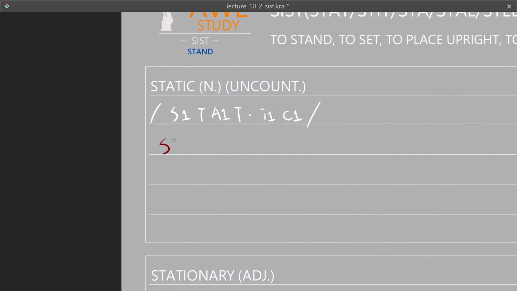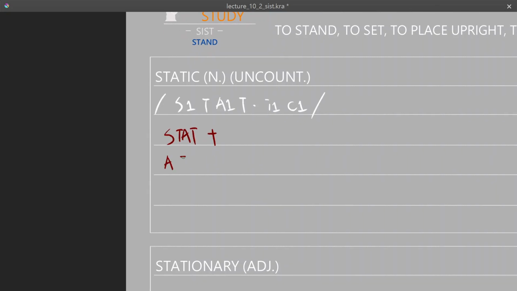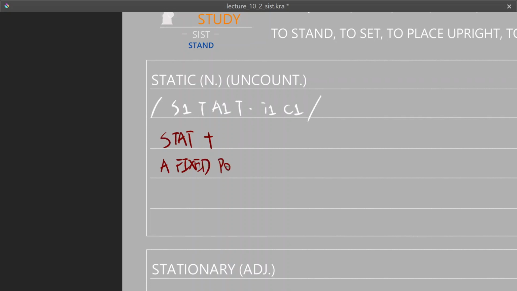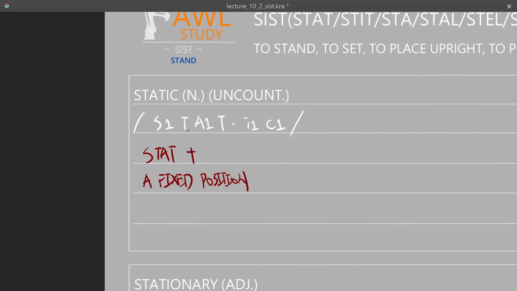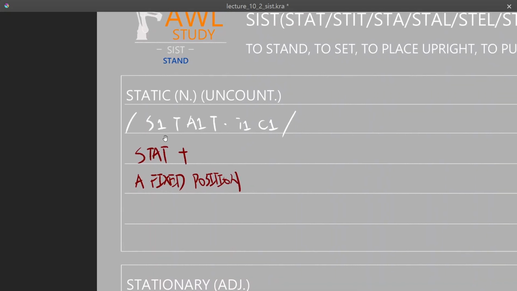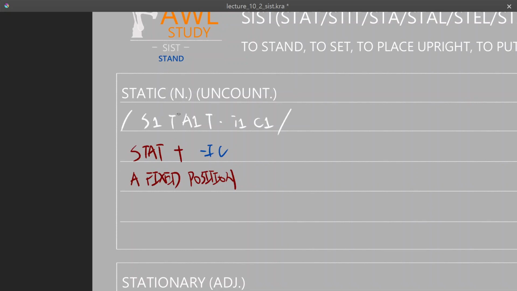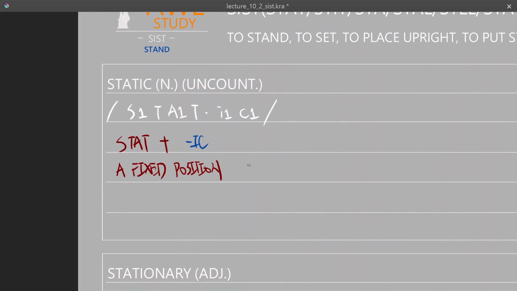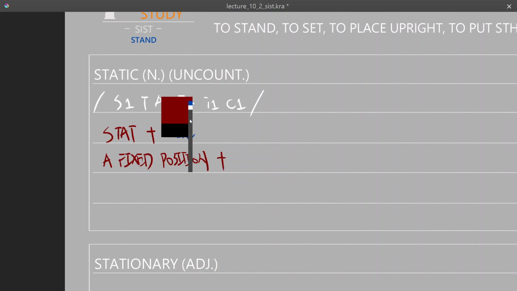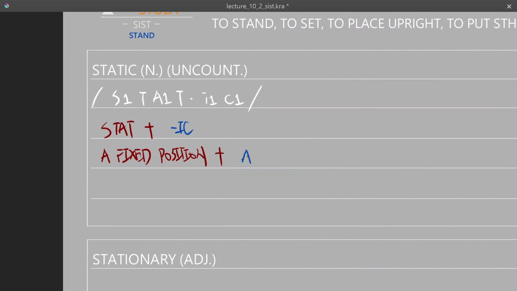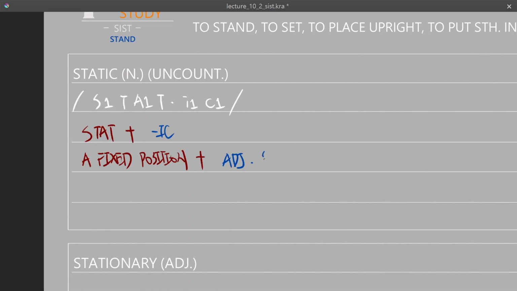Again, stat means a fixed position, and ic is an adjective suffix meaning relating to something.